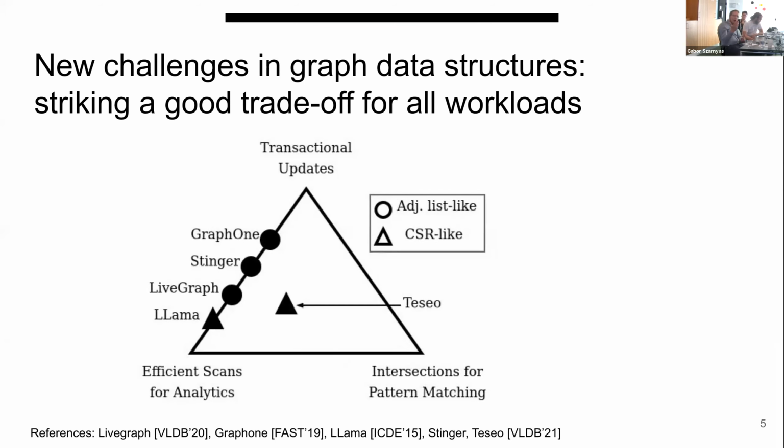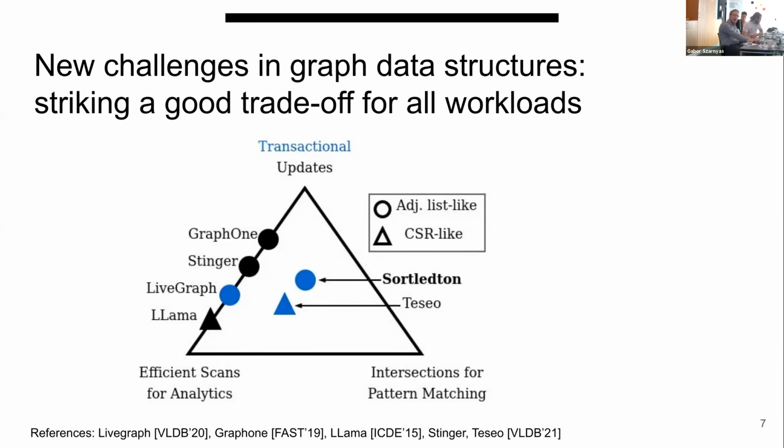Then from 2021 on, we have a really great paper from Dean De Leo and Peter Boncz, Teseo, which also aims for the middle so they can support intersections, and they are also CSR-like. And then upcoming is Sortledton, our work, which aims for the middle again, but is an adjacency list-like design. We'll go into differences soon. And finally, a different way of looking at related work: only three of them are transactional.